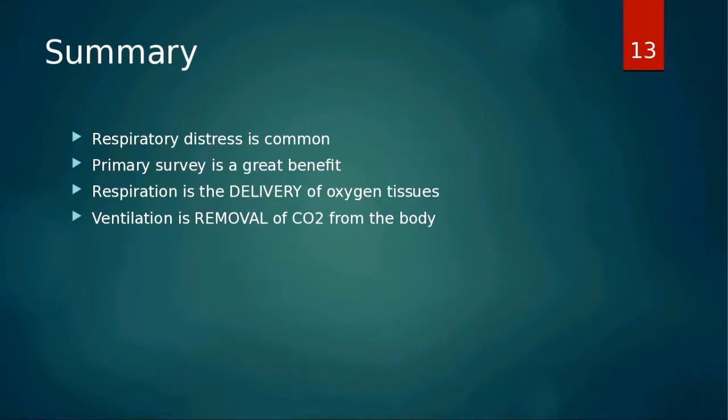Remember these points. Respiration involves the delivery of oxygen to tissues. Ventilation involves the removal of carbon dioxide from the body. And some chronic respiratory diseases cause abnormal CO2 levels, which may not require treatment, provided your oxygen level is adequate.